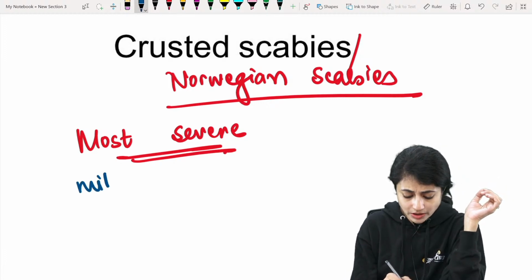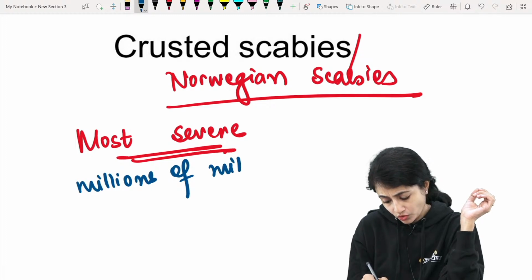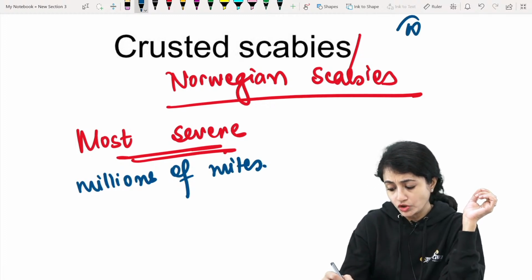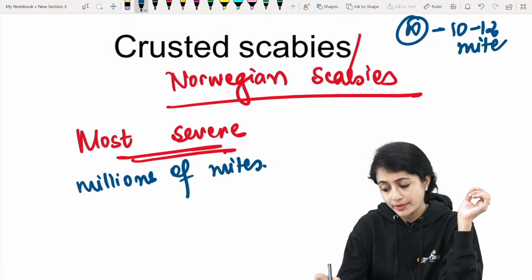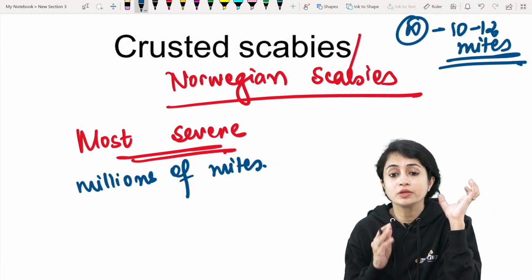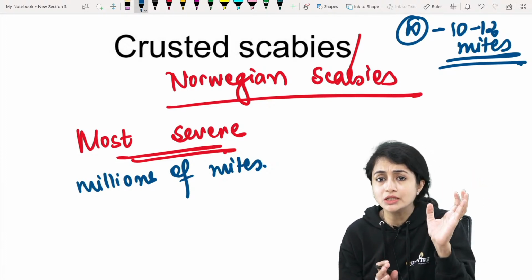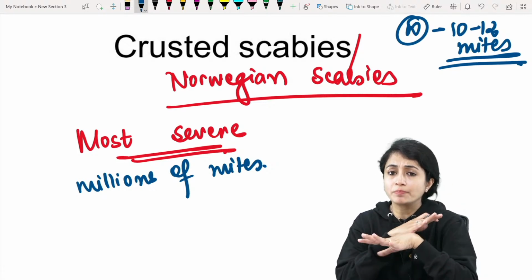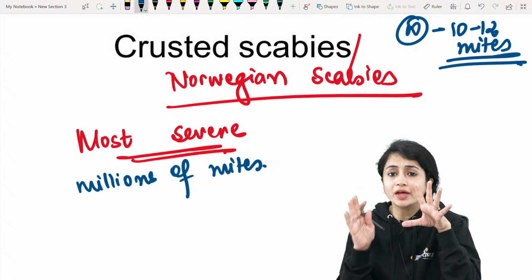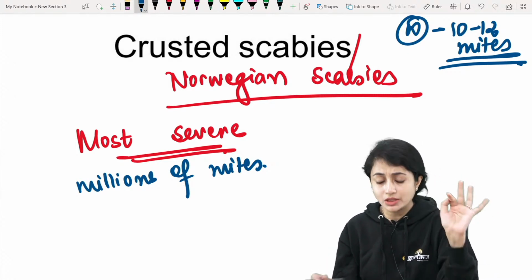A normal scabies patient would usually have 10 to 12 mites on his body. But a patient who is immunologically compromised, neurologically compromised, may harbor millions of mites on their body, and they have lesions which are typically heaped up crust, very, very infected. So this is the most severe form. It has millions of mites.